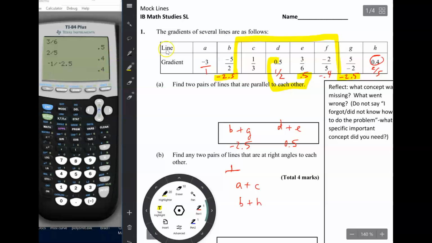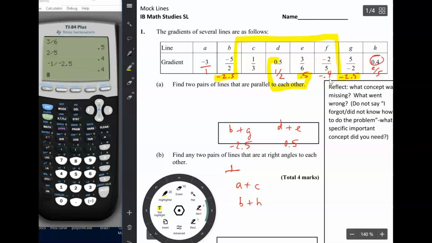What else? 1/3, we already have. It's the negative reciprocal of negative 3 over 1. What about 1/2? The negative reciprocal of 1/2 would be negative 2, but there's nothing with negative 2. This is also 1/2, so there's no negative reciprocal of 1/2 here. What about negative 0.4?